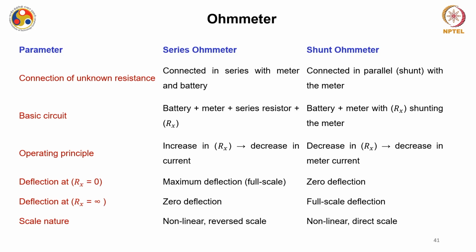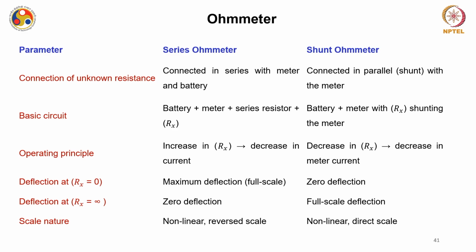The basic meter has the battery, meter, series resistance, etc., while for the shunt it is the battery and meter with a resistor shunting the meter. The operating principle is that an increase in the Rx value decreases the current, while it is just opposite in the shunt ohm meter.